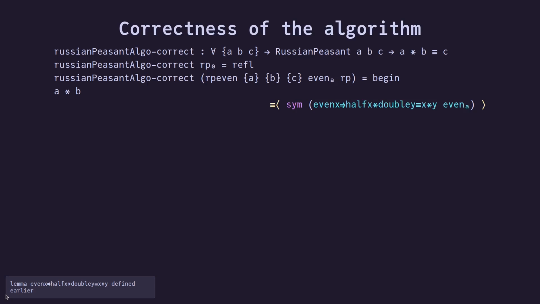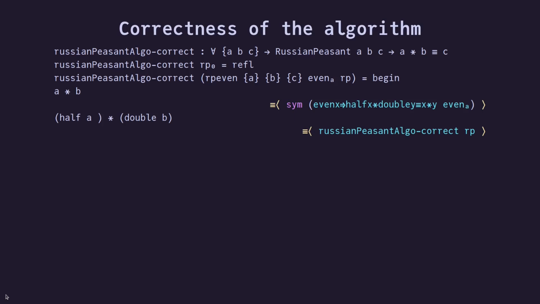So we pass the witness that a is even, which is captured here in the variable even_a. So we get half a into double b. But we already know that half a into double b is equivalent to c when a is even. As in, we invoke the same algorithm, the one we are proving, inductively on smaller numbers. So we end up with the final result, c.